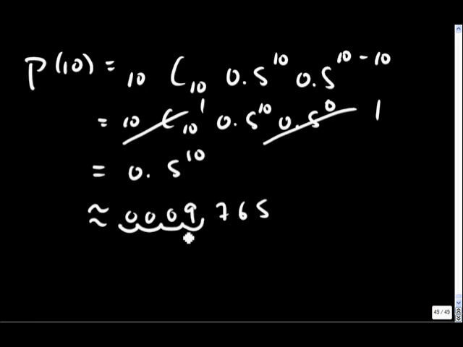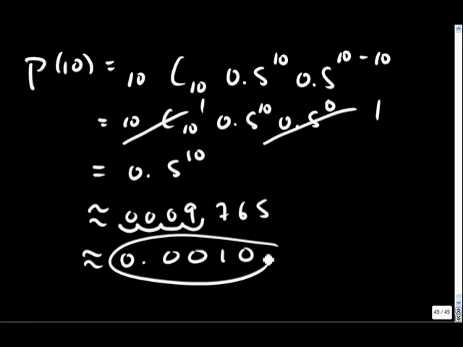So if I approximate to the 10,000ths position, the 9 is in the 10,000ths position, the digit to the right is a 7, so I add 1 to the 9, making it a 10. The answer will be 0.0010, approximately.